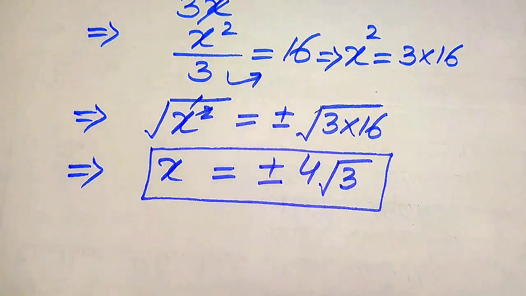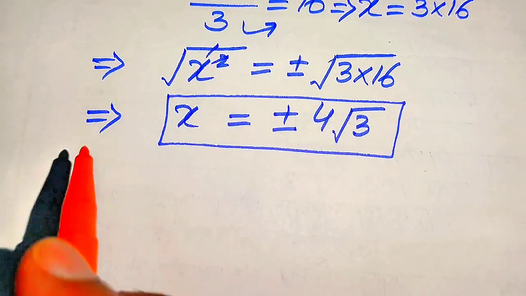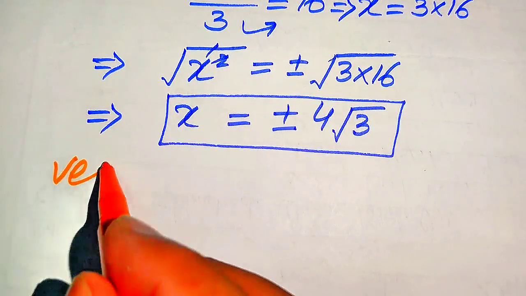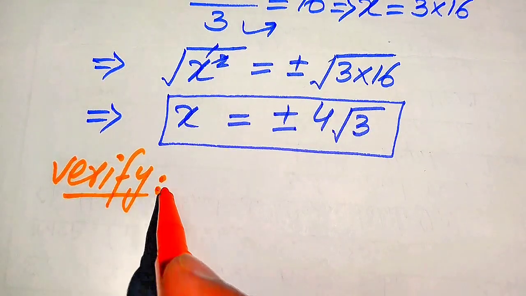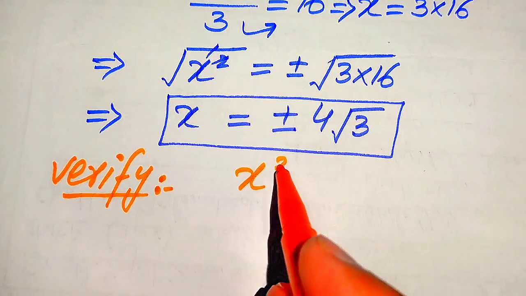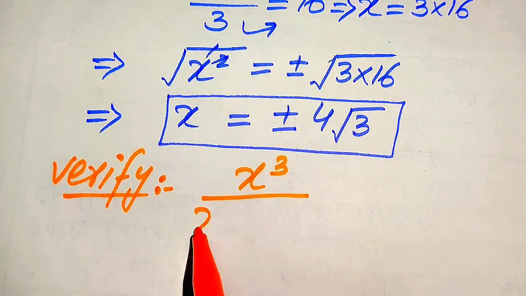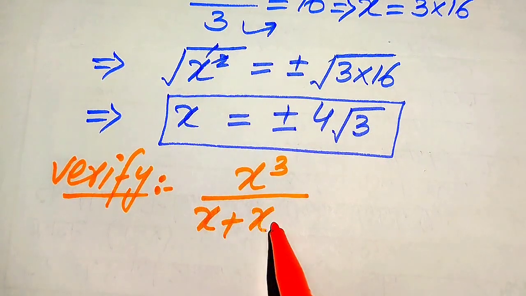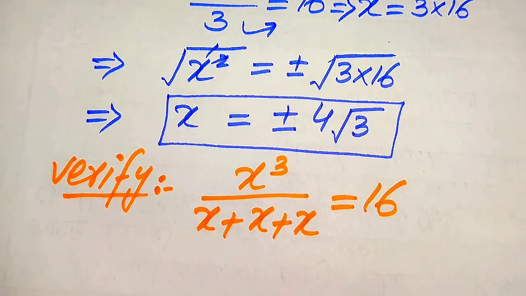And further in the next step, we need to verify these two roots, and we will check whether these two roots satisfy our given question statement or not. So for verification of the roots, first we need to copy down the given question statement here, and the given question statement is x cubed divided by x plus x is equal to 16.